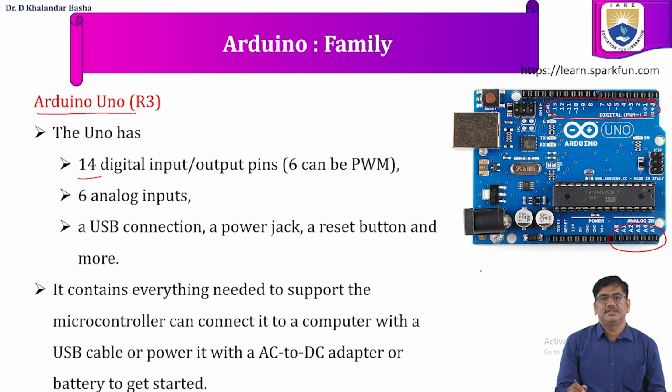It contains everything needed to support the microcontroller. You can connect it to a computer with a USB cable or power it with an AC to DC adapter or battery to get started.